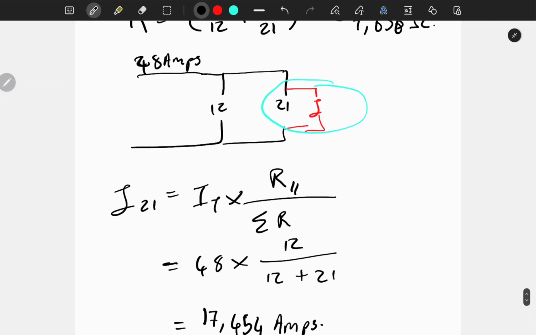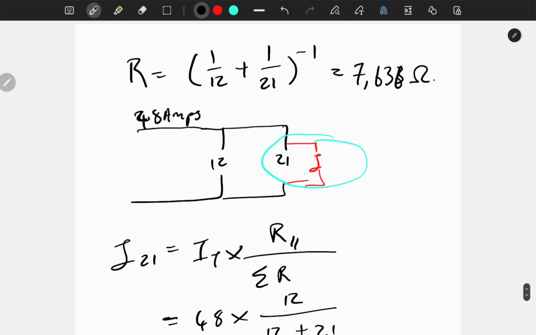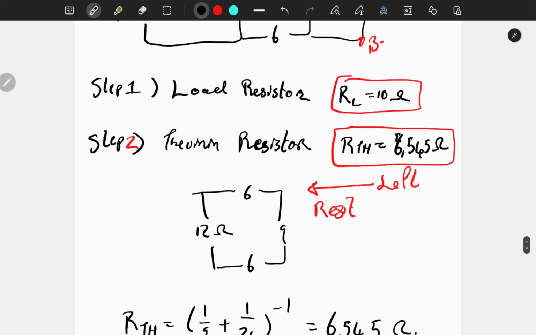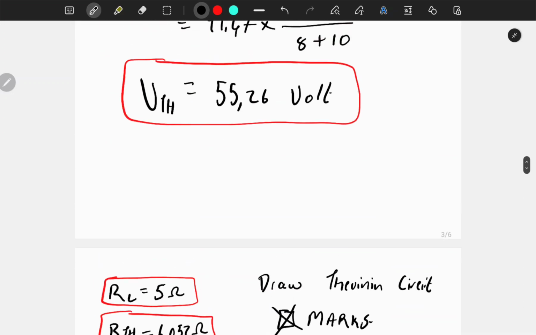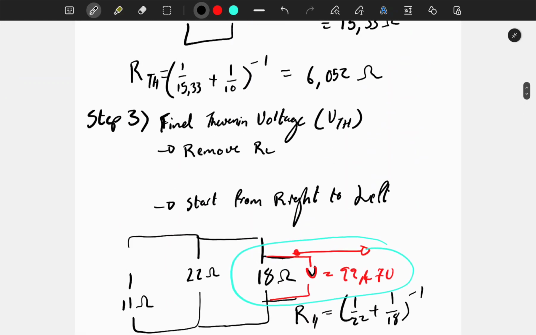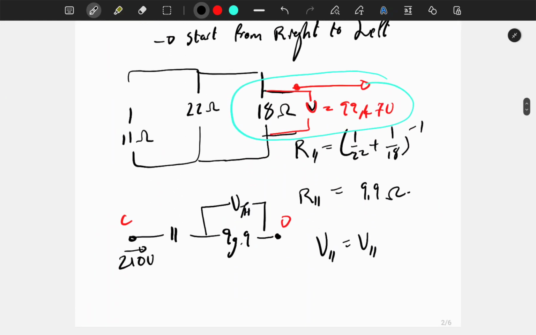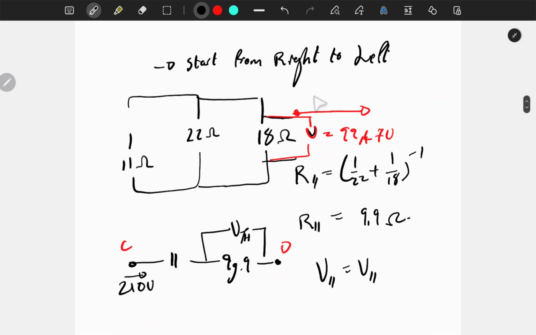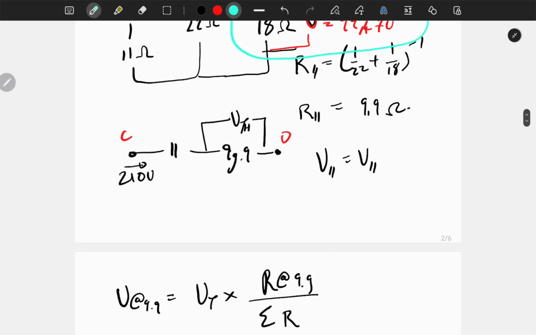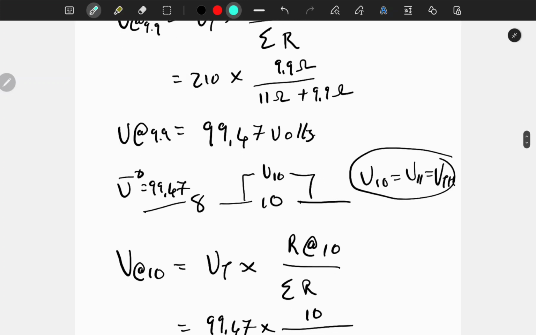But remember, we kind of added everything here, right? Remember for voltage here, we added the 10 and the 8, right?